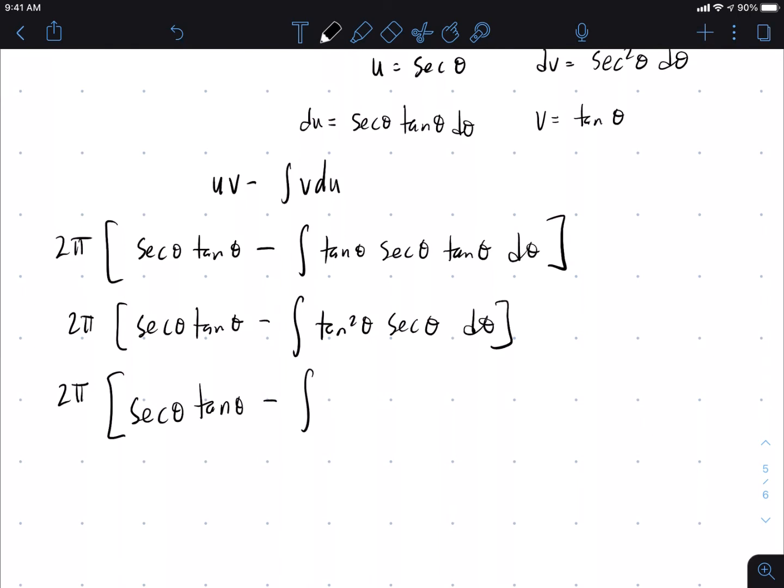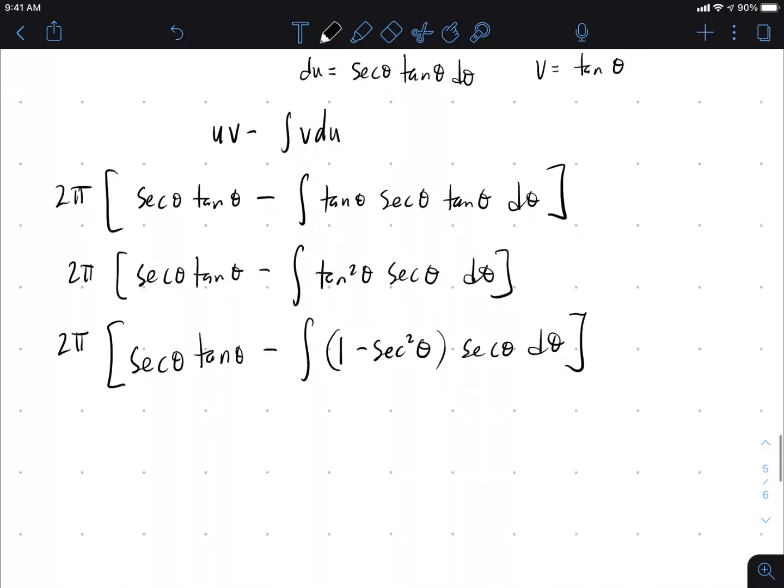The technique here is to break this up, so I believe it's 1 minus secant squared theta times secant theta d theta. Agreed? Those are the trig things that we're going to get. And so we're going to get 2 pi. I'm just going to distribute the 2 pi now.